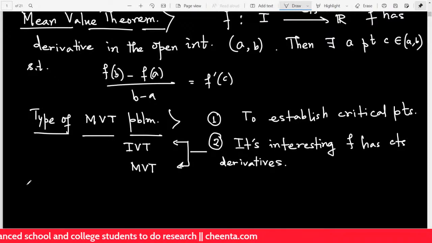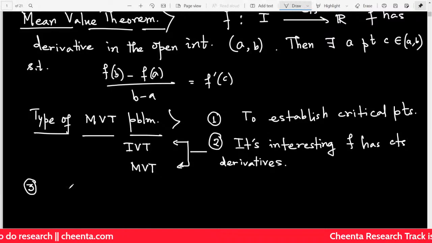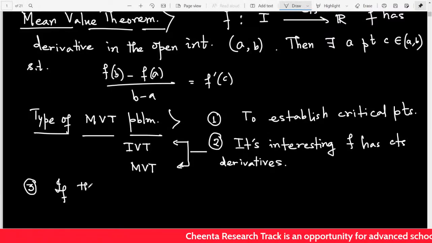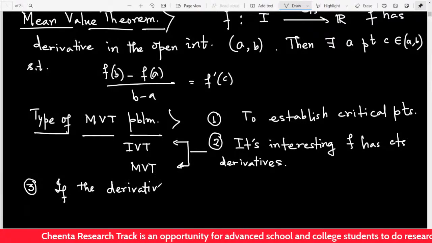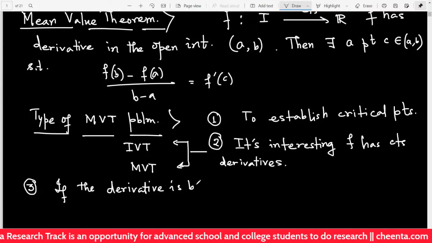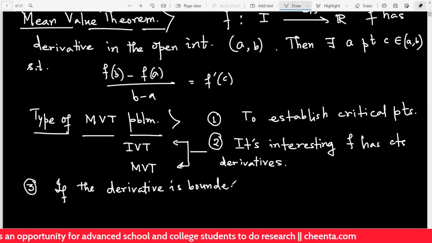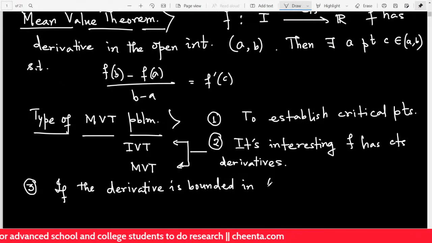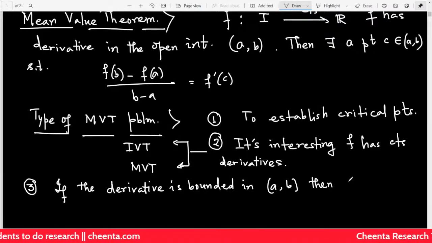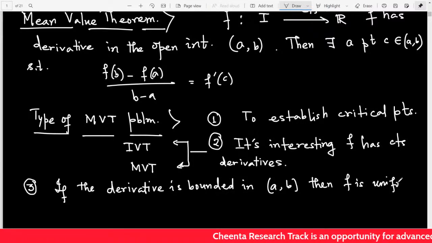One of the usages of the mean value theorem pattern is something like this: if the derivative is bounded in a comma b, then f is uniformly continuous.